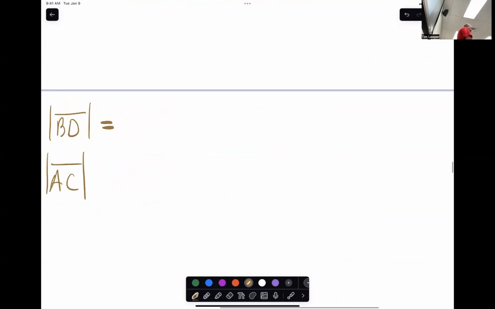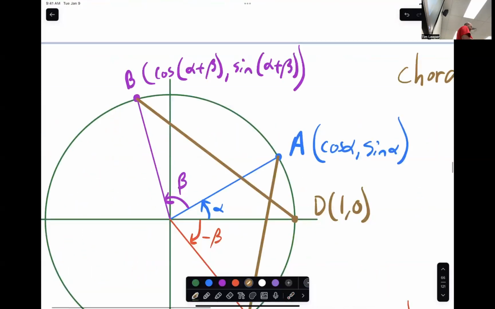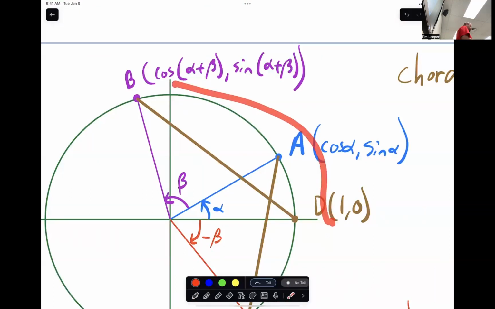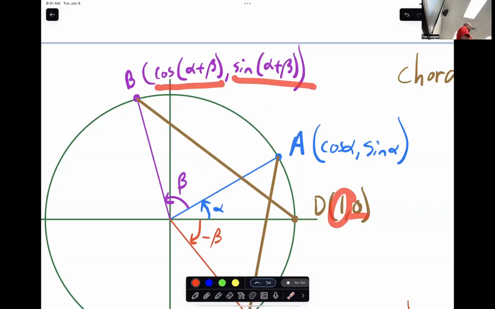Now, I'm going to just use the distance formula, which is the square root of the sum of the squares of the differences of the components. In other words, looking at the x's for B and D, the x's are cosine of alpha plus beta and 1. And then for the y's, they're sine of alpha plus beta and 0. So I'm going to do this one as the second one, this one as the first.